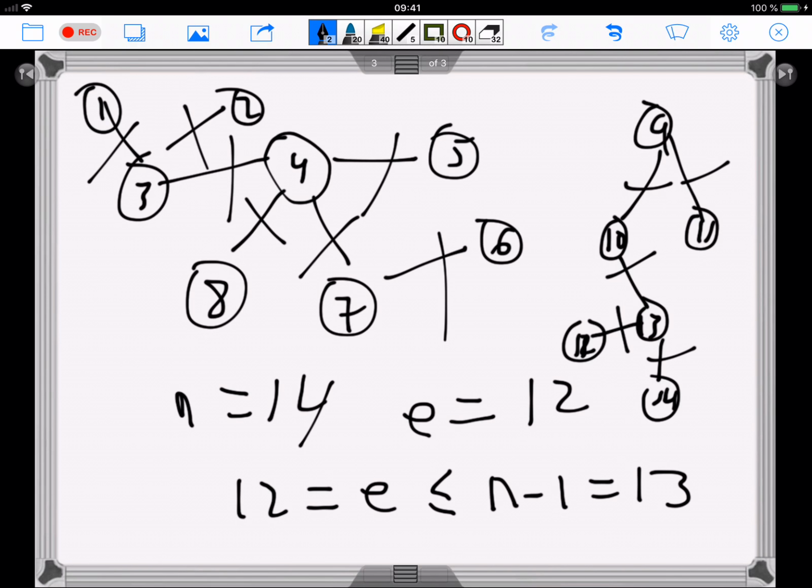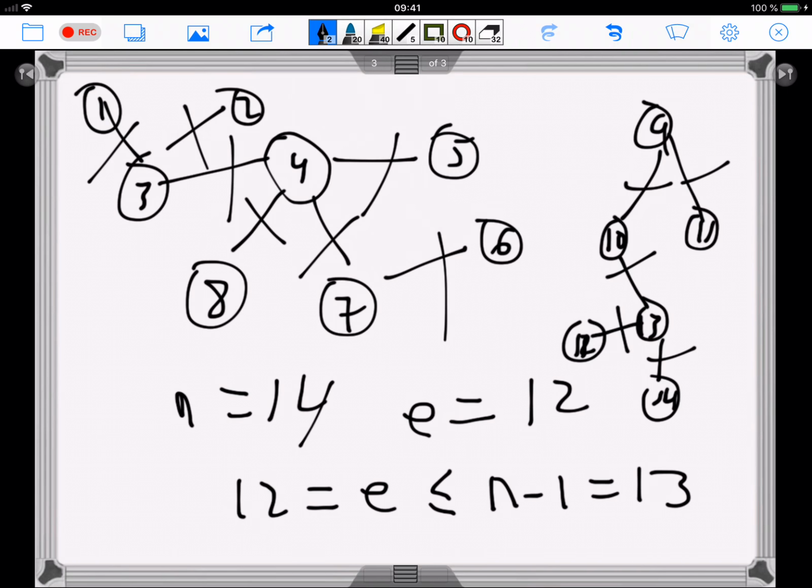Okay, so as the theorem or the lemma stated, the number of edges is at most the number of vertices minus 1. Okay, and this happens with any graph that does not have any cycle.